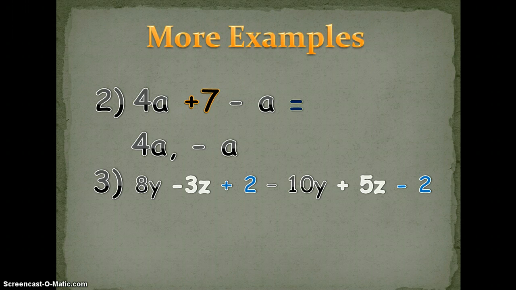So in this case, we have a positive 4 combining with a negative 1. Since they're different, we subtract, keep the sign of the larger number, and end up with a positive 3a. Since the 7 is a constant and it's by itself, you would just take that directly to your answer. So the answer to number 2 would be 3a plus 7.